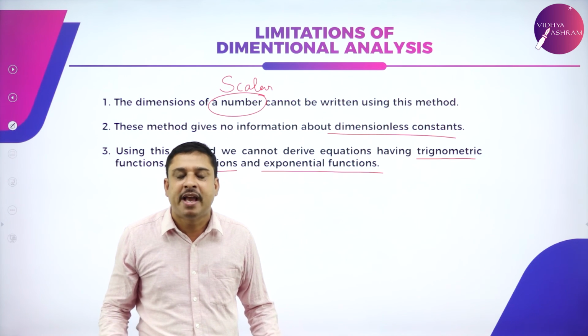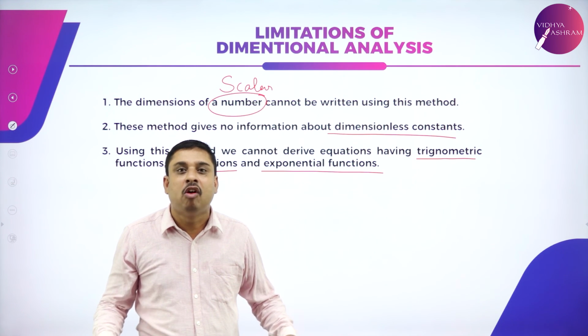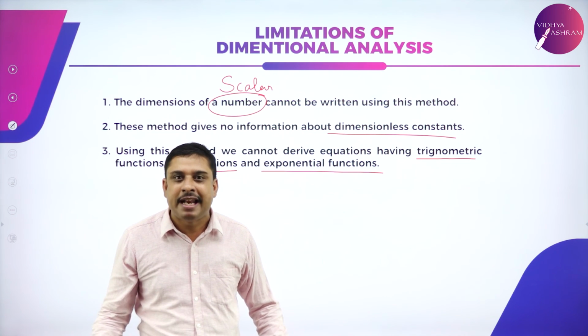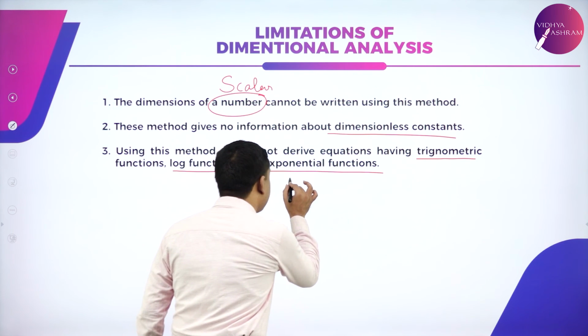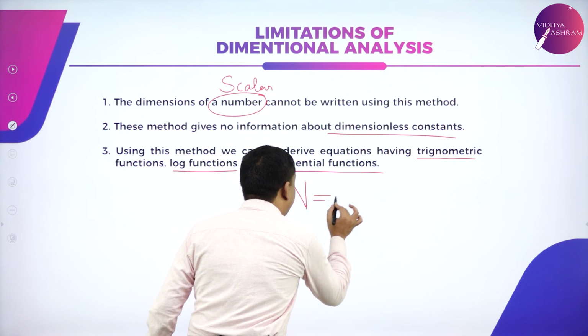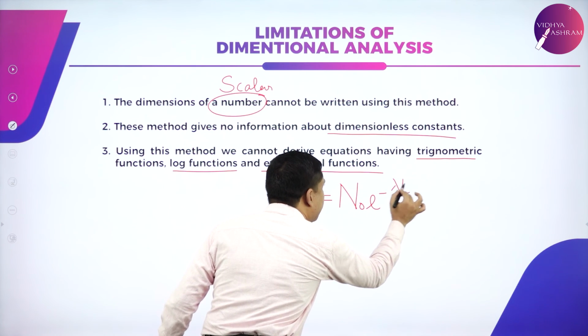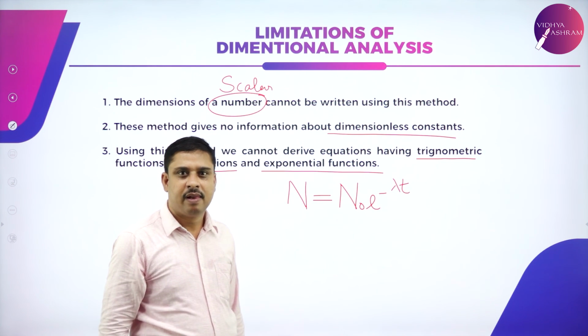If a given equation has a trigonometric function, a log in it, or an exponential, for example in radioactivity, we write N equals N naught e to the power minus lambda t.